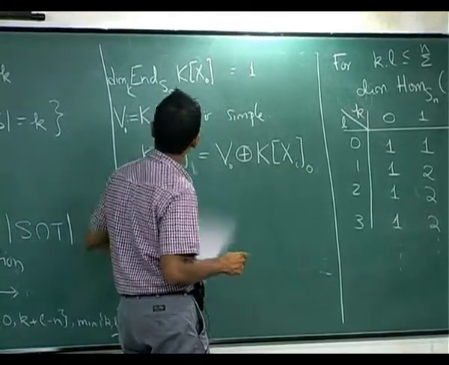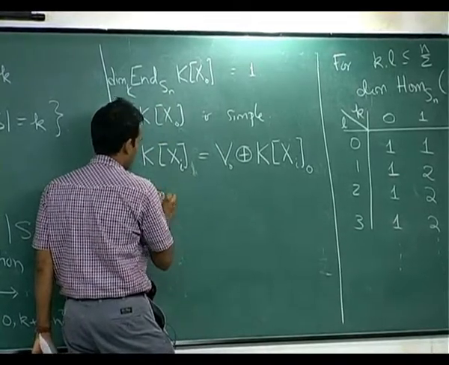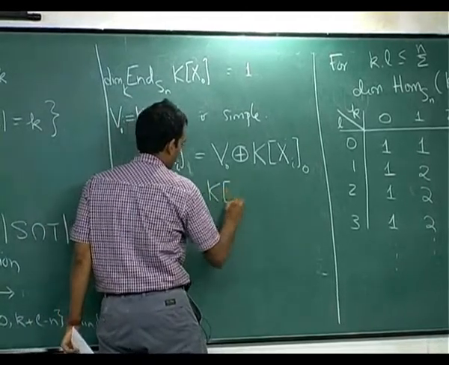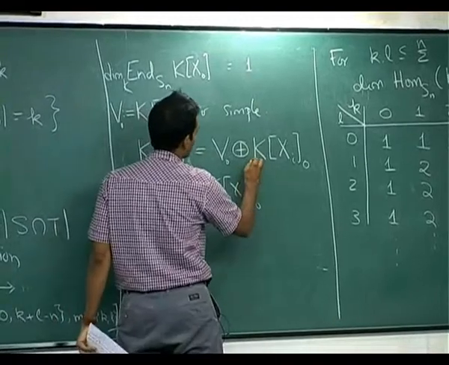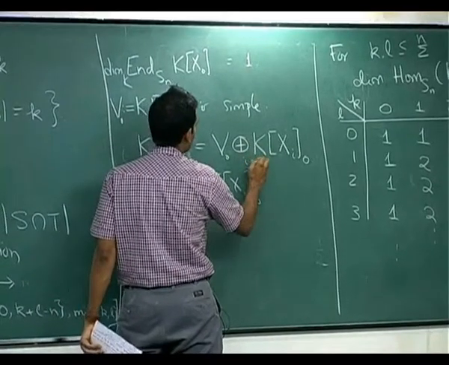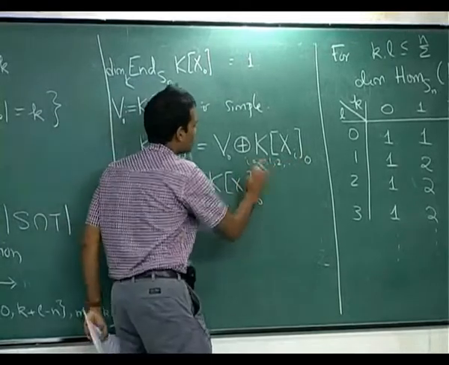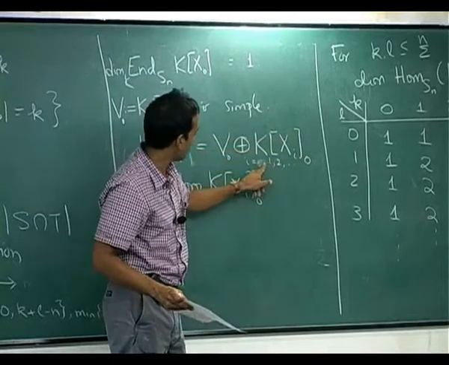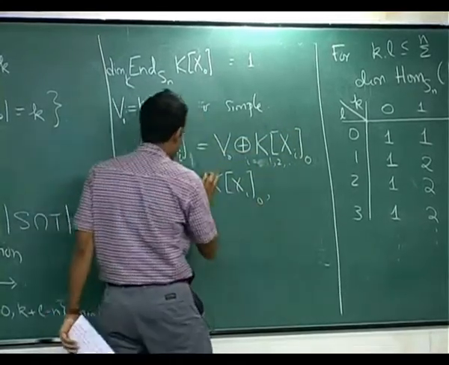Okay, so now let's calculate the dimension of Hom from kxk to kxl. So this is for i goes from 0, 1, 2, but well, let's just put 1 because for i equals 0 this part is trivial. So we'll just look at i goes from 1, 2 and so on. And the question is, what is this?